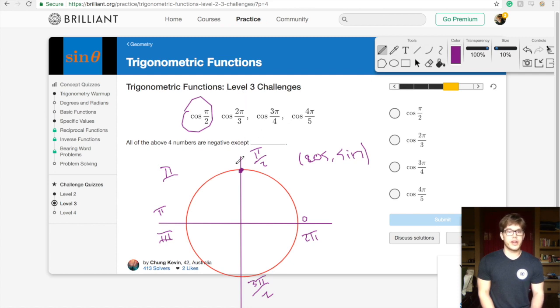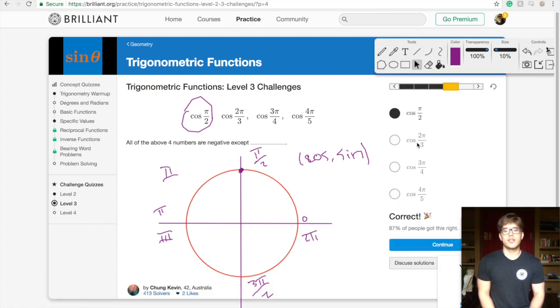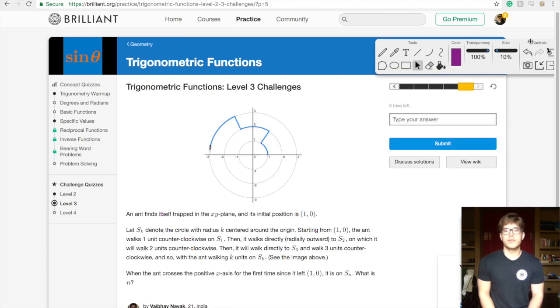So that's going to be our answer. 2 pi over 3 is going to be over here, 3 pi over 4, again over here, 4 pi over 5, again over here. So cosine of pi over 2 is our answer. It is not negative. Excellent. Let's see what our last problem is.